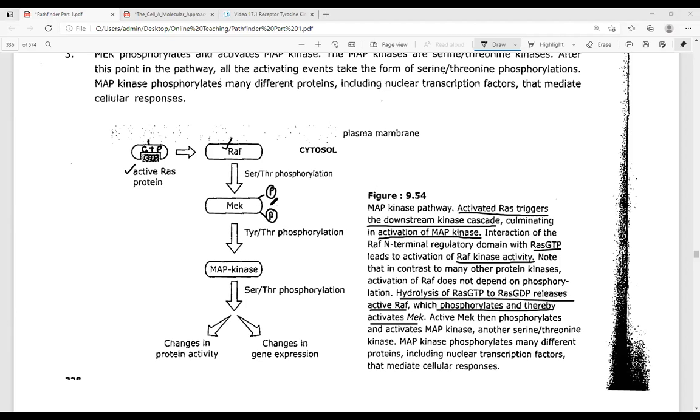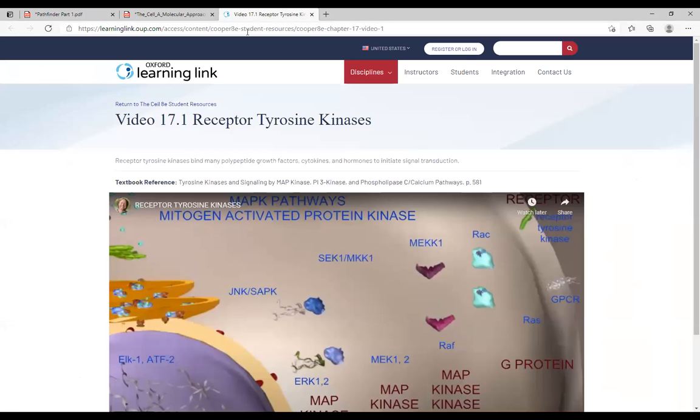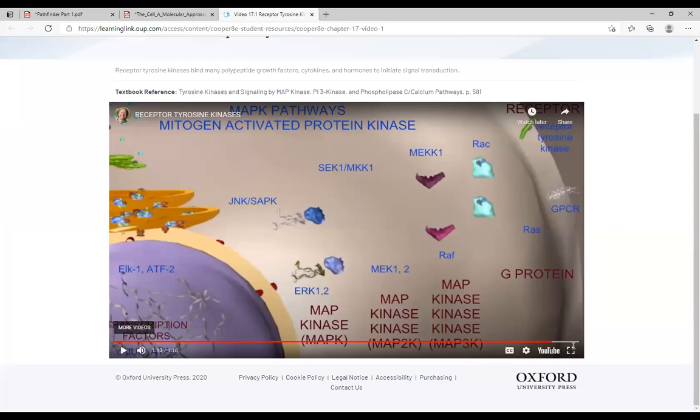Once the MEK protein is activated, it activates further downstream proteins, referred to as MAP kinase. MAP kinase will activate phosphorylation and lead to the biosynthesis of several different types of nuclear transcription factors, mediating cellular response. This is what we have seen in this diagram.